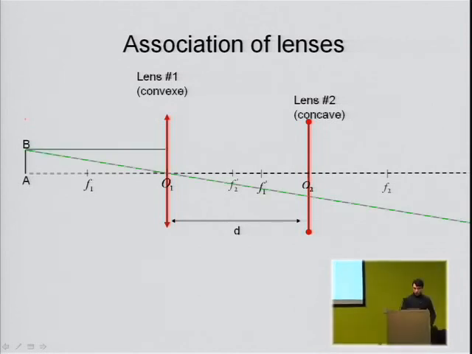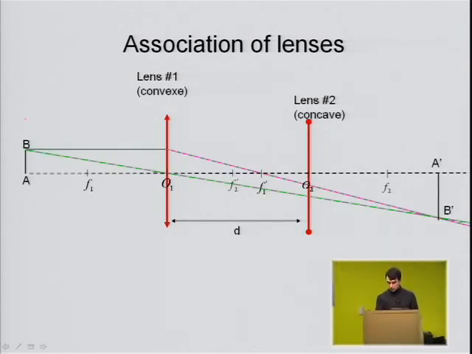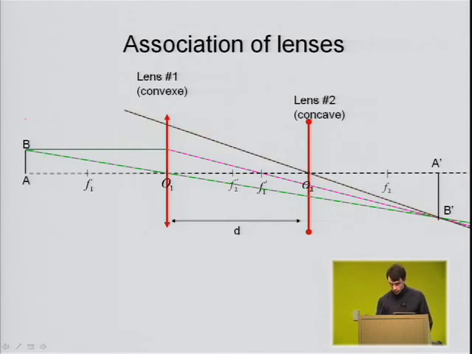And so if I draw the first image, which is right here, this image A prime B prime of AB through lens number 1 is now the object for my lens number 2, an object which is already on the other side of the lens. So quite confusing again. But let's draw the image.